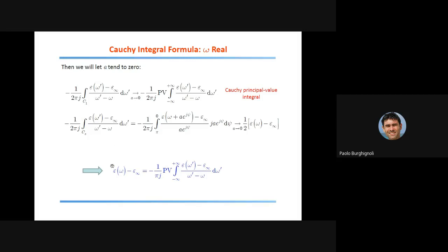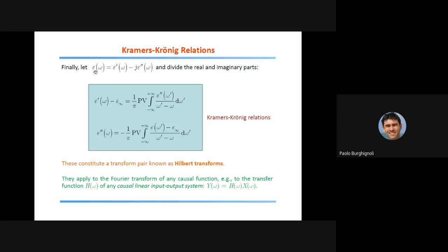Now it's simple to divide the real and imaginary parts of this relation simply by writing the permittivity as the sum of a real part, epsilon prime, and the negative imaginary part, epsilon double prime.